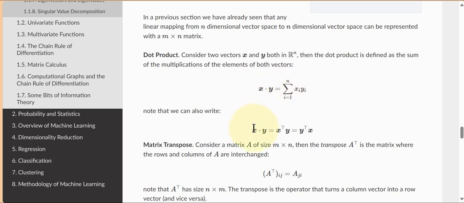And we can also write this, if we think of x as a matrix, then we could take its transpose, and we could write x transpose y, or also y transpose x.